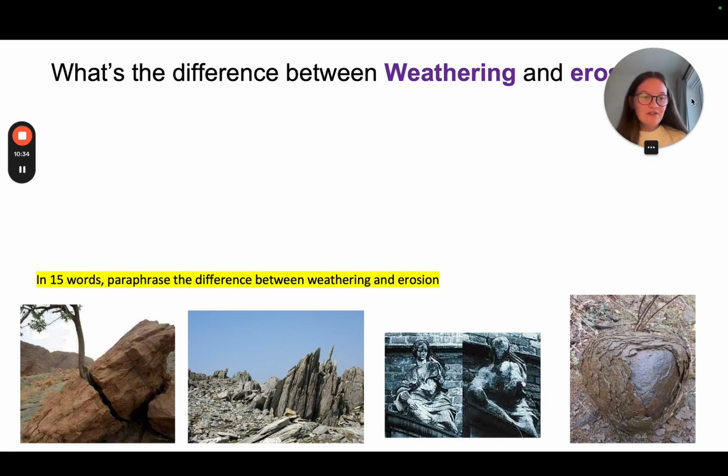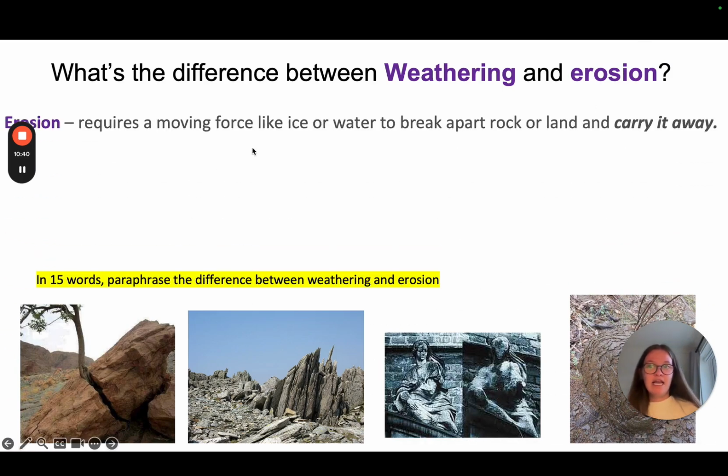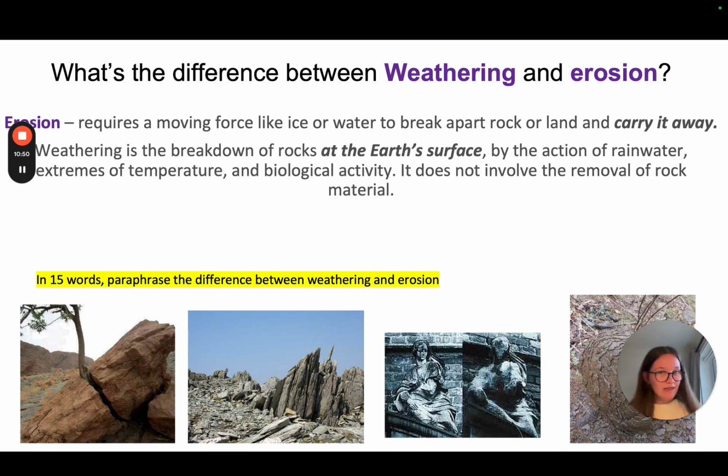So, what is the difference between weathering and erosion? Erosion requires a moving force like ice or water to break rock apart or land and carry it away. Weathering is the breakdown of rocks at the Earth's surface, so we say it's in situ.